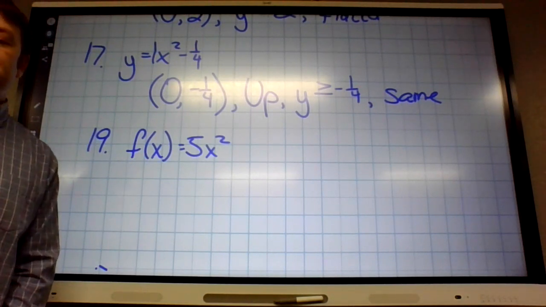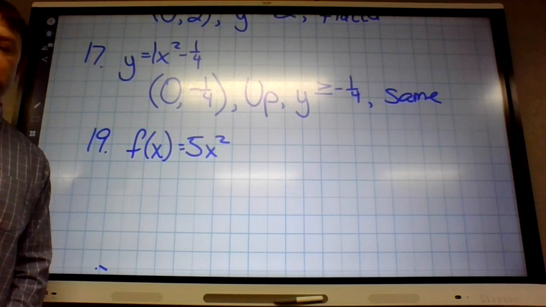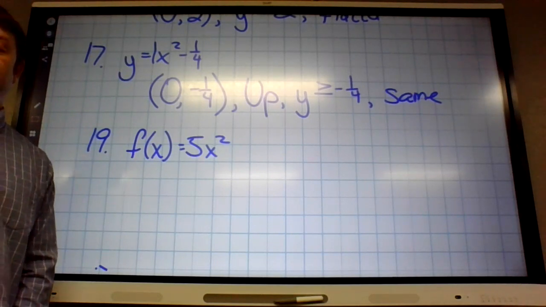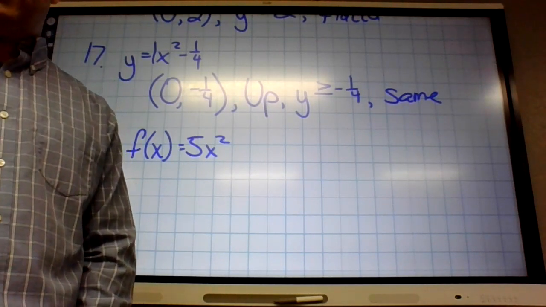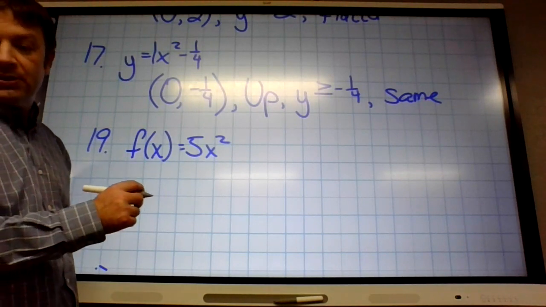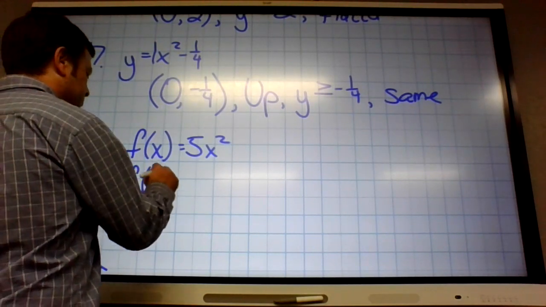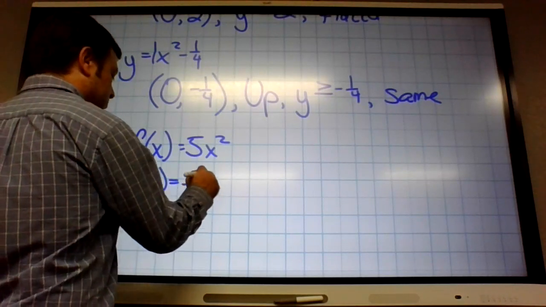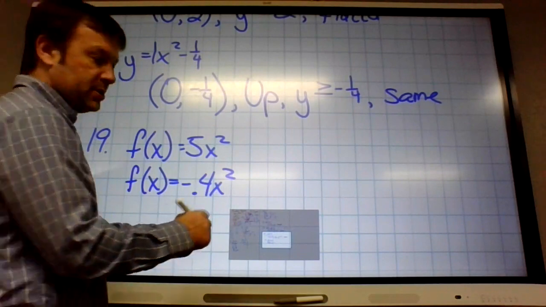Okay, which is smaller, 1/2 or 0.4? 0.4. 0.4 is less than half, it's like 4/10. So that one would open up the slowest. So it's f of x equals -0.4x squared. -2.